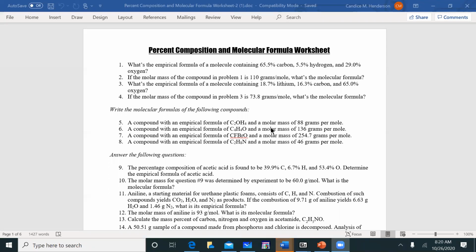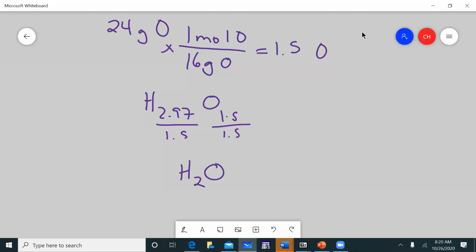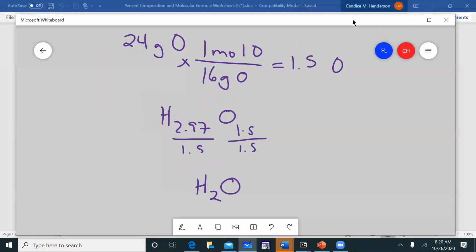So this worksheet has a bunch of practice with what we've been doing, and it also has the answers so you can go through them on your own and check. Let's do this first one though. It says, what's the empirical formula for a molecule containing 65.5% carbon, 5.5% hydrogen, and 29% oxygen? So write those values down because I'm going to do it on a different sheet here.